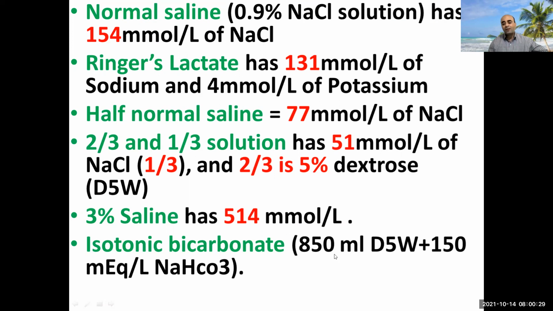Around 850 ml of D5 water, and I put 150 of sodium bicarb here. You can start at whatever rate suits your patient's cardiac status and ejection fraction. If your patient tolerates it, you can start at a rate of 75, then increase to 80, 100, 120 according to your patient. I hope this slide is beneficial for all.